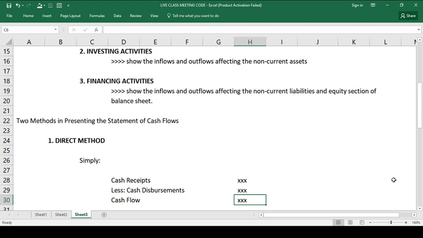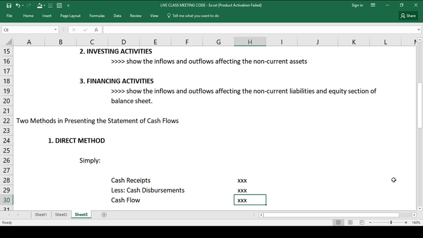Sir, ito po bang formula na ibinigay mo for the entire year yan? Yes. However, even though that's the formula, dapat sa bawat activity yan. So, isang formula na cash receipts less cash disbursement for operating activity, same formula for investing activity, same formula for financing activity.